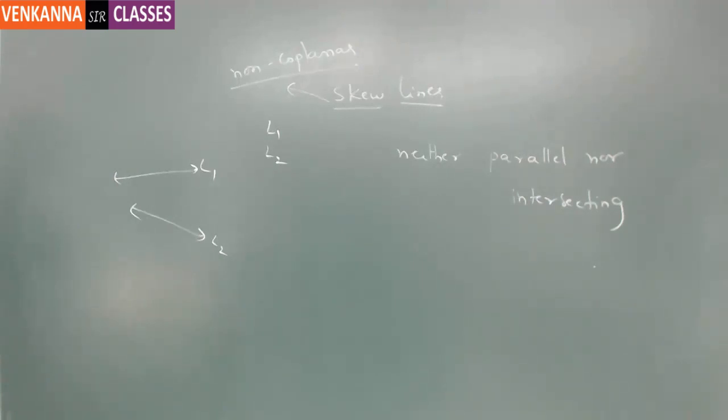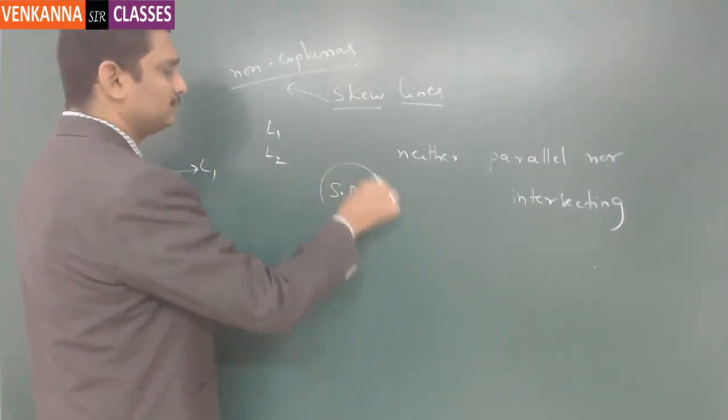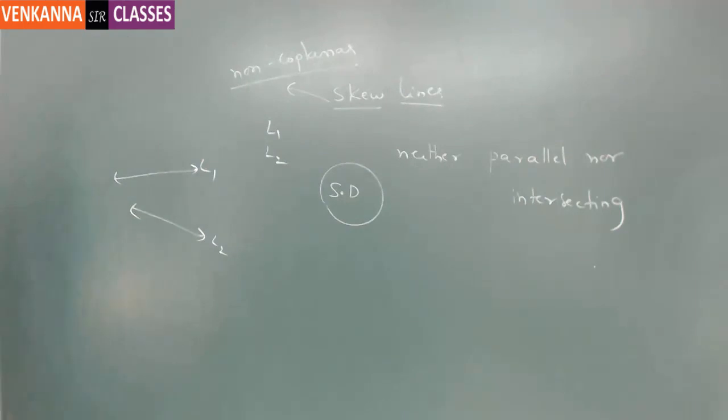Now the thing is, you have to calculate the shortest distance between the skew lines. We call it SD. Now what happens, there will be exactly one line which is perpendicular to both the lines.